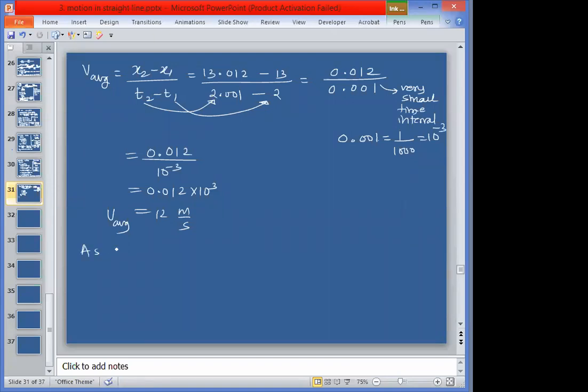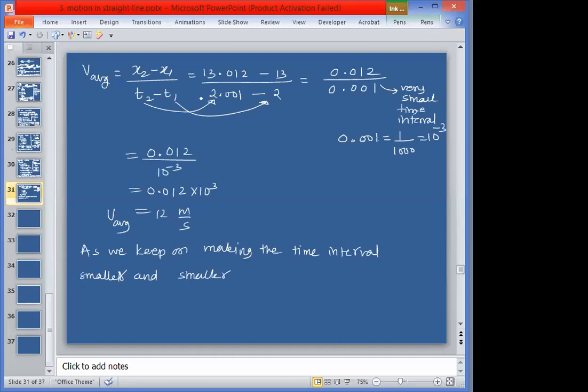Write down, as we keep on making the time interval smaller and smaller.